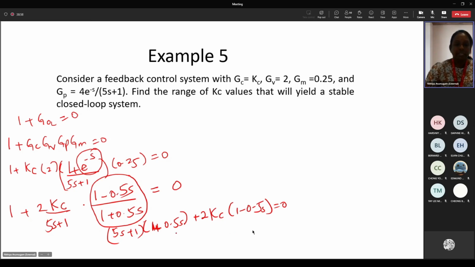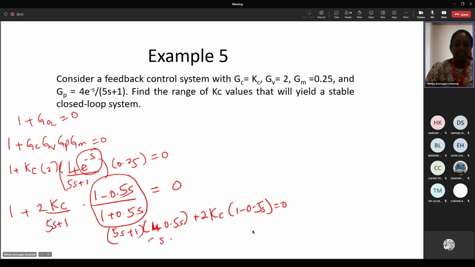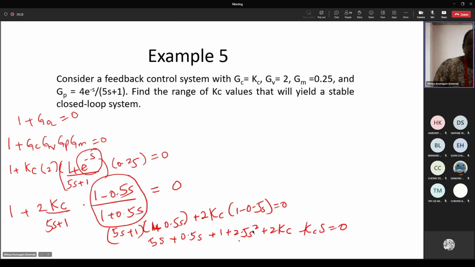So we'll be getting an equation in terms of 5s plus 0.5s plus 1 plus 2.5s squared plus 2 Kc minus Kc s equals to 0. This is in the general form that we want. But if you notice, the Kc s and the 0.5s can be gathered together.